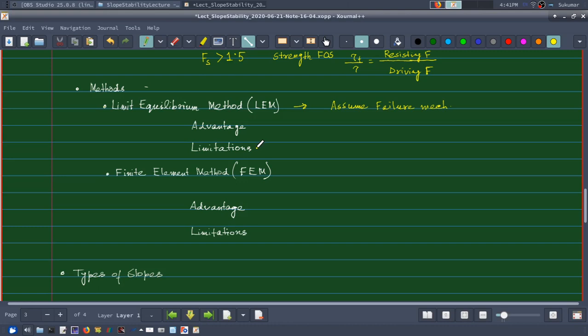The limitation is that your factor of safety depends on the assumed failure mechanism.